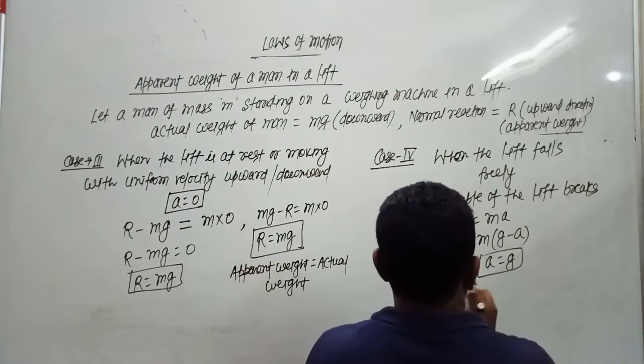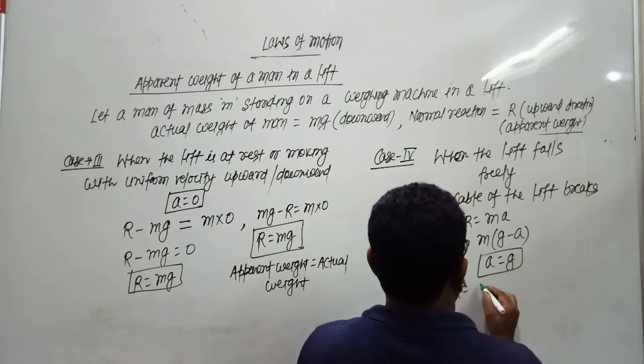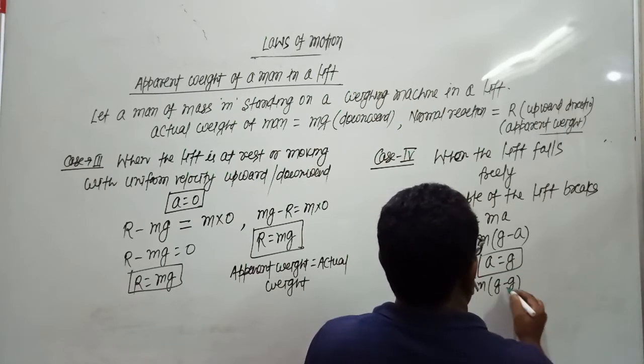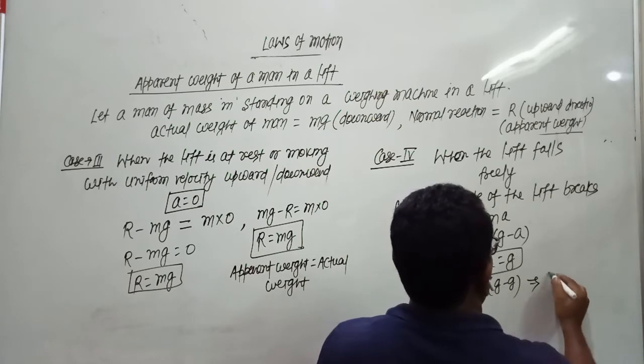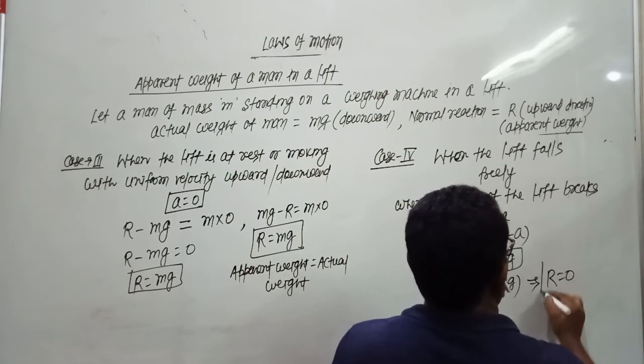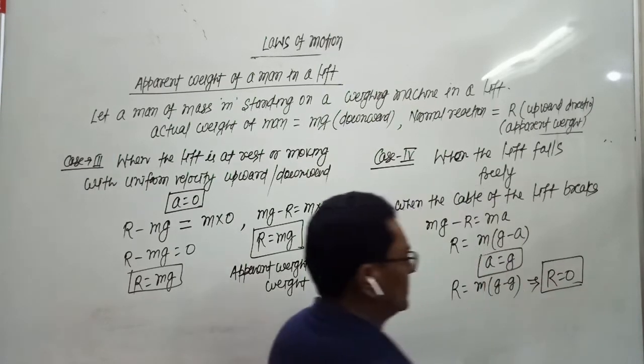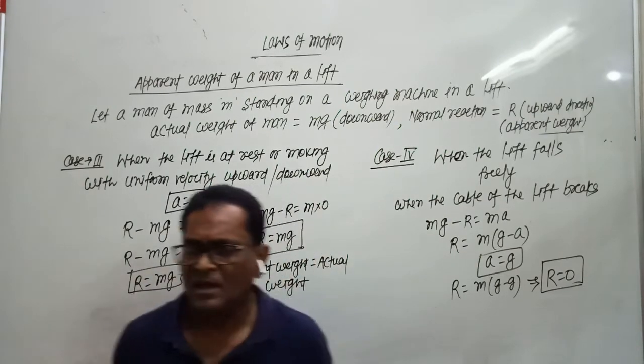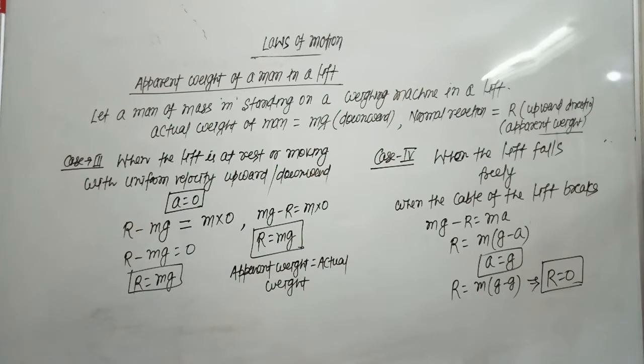So a equals to g. So R equals to mg minus g, which is 0. So we get apparent weight equals to 0. R becomes 0. This is the case of weightlessness.